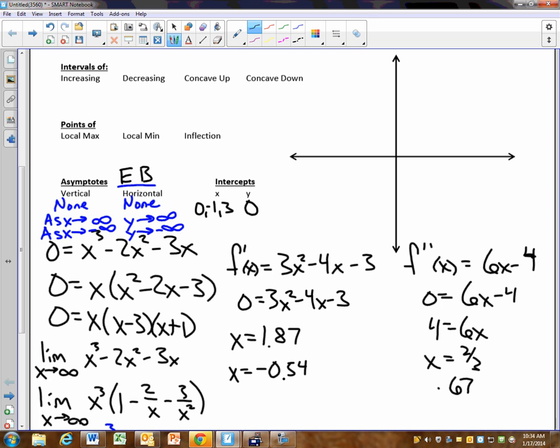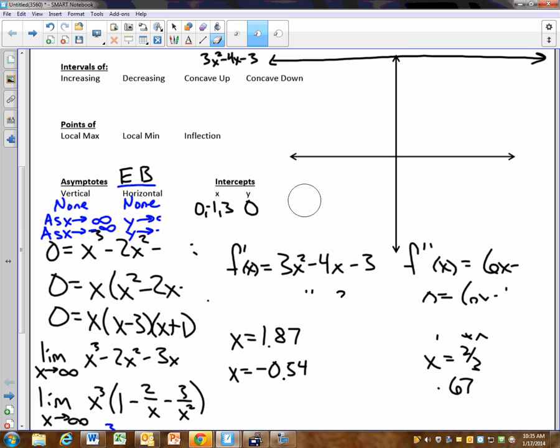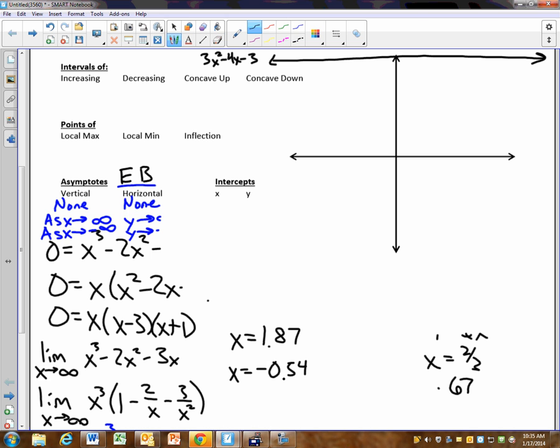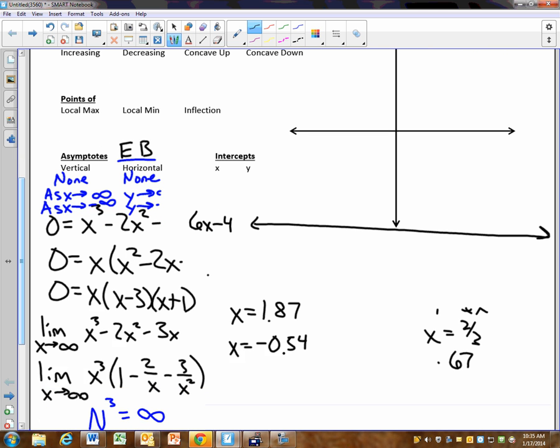We're now done with the algebra. Now we just need to kind of sort it out, plot our points. I'm going to put my first derivative on top, and my second derivative on bottom. I'm going to give myself a little bit of room here so you guys can see it. I'll keep the values there. Looks like all of our values are between 0, 1, 2, and 3, right?